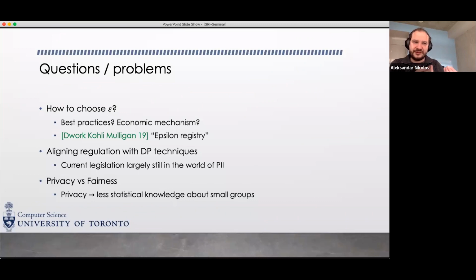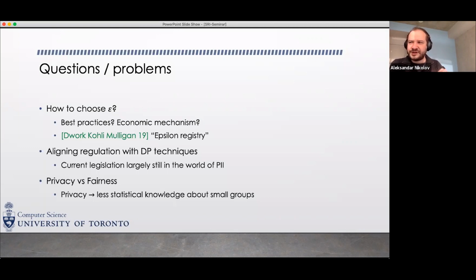It comes with a privacy parameter that controls how much an algorithm can disclose about a person. And it's very unclear to this day how to choose that privacy parameter. You can imagine coming up with some sort of best practices, but we don't have them at this point, I would say. It's not clear how to converge on these best practices, at least to me.